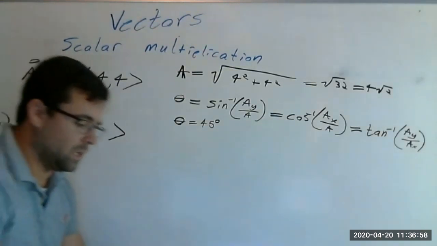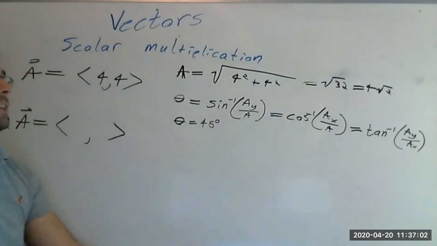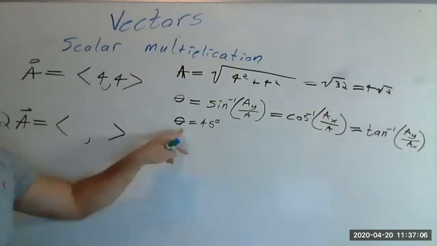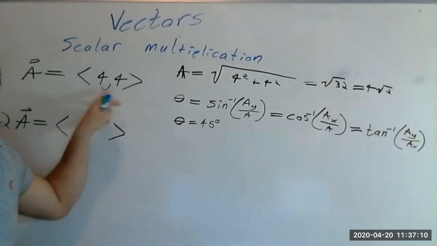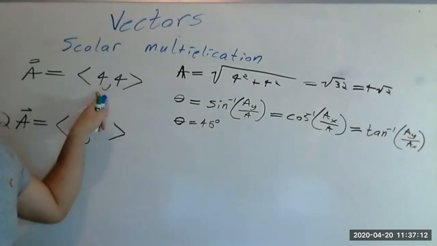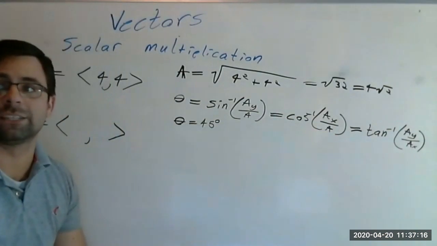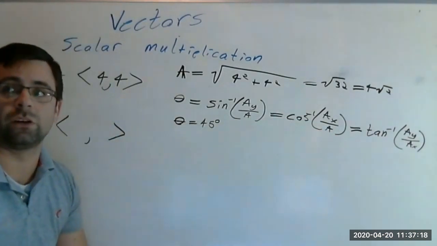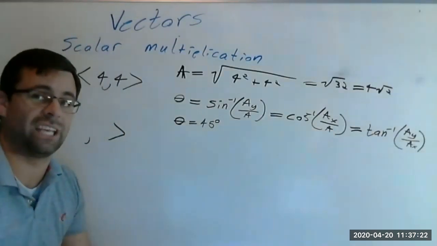So in this case, the angle has to stay 45. And the magnitude changes by a factor of 2. Well, for the angle to stay the same, that means that the ratio of these two things has to still be the same. So if you just look at the last one, inverse tan of AY over AX gives you the same thing.